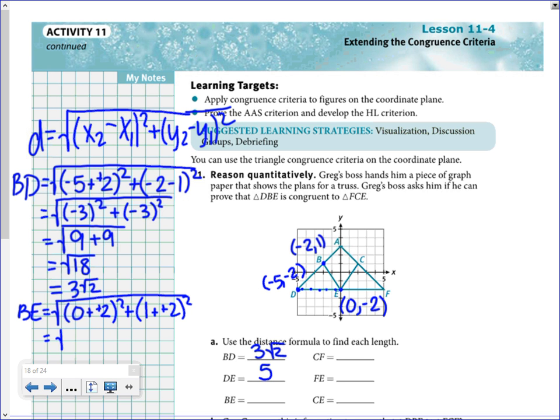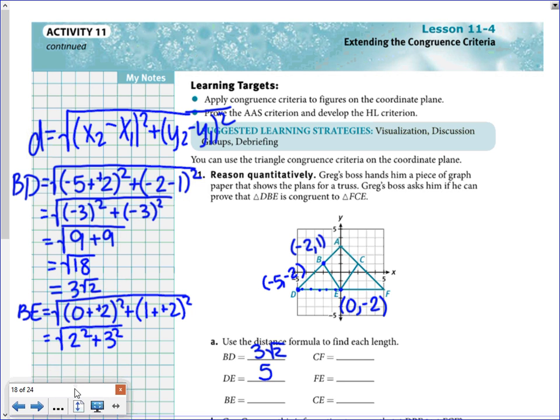So 0 plus 2 is 2. 1 plus 2 is 3. So then we have 2 squared, which is 4, and 9 is going to be 3 squared. So 4 plus 9 becomes 13, so we have the square root of 13.